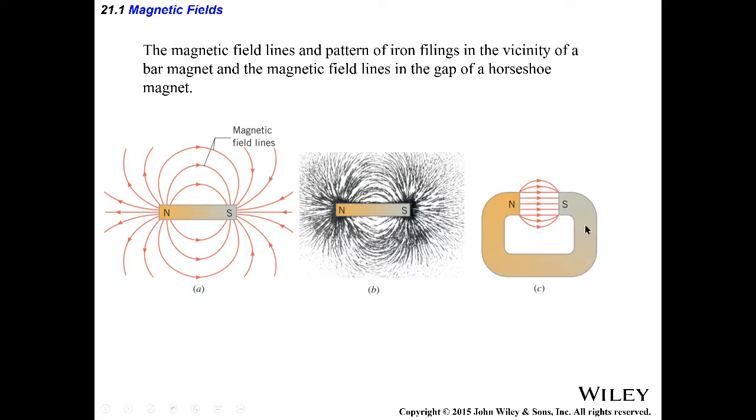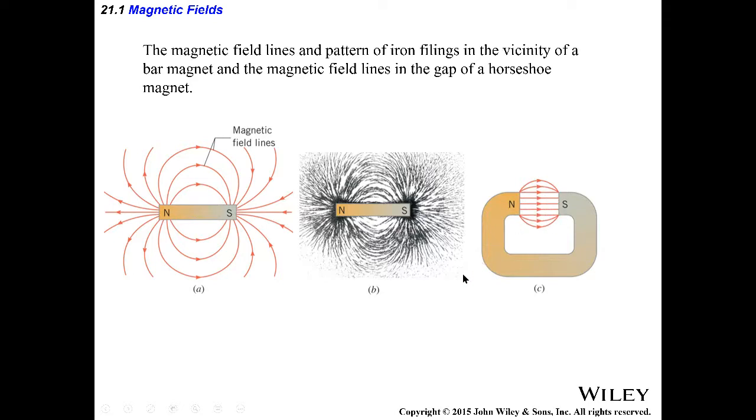And if you now have a magnetic ring, if I basically bend this magnet into a donut, then the magnetic field lines from the North Pole will shoot across to the South Pole, and this would be the set of magnetic field lines.